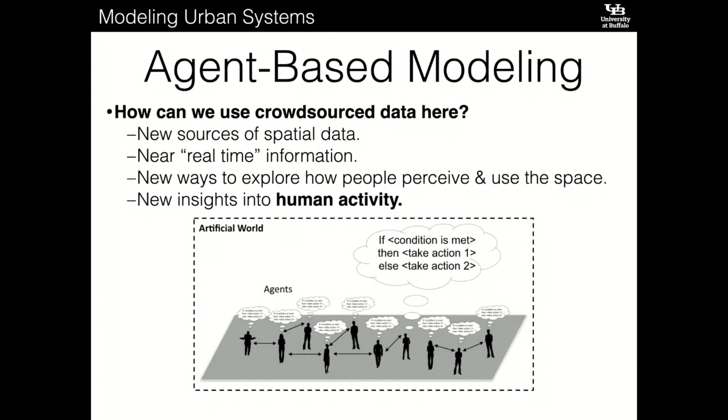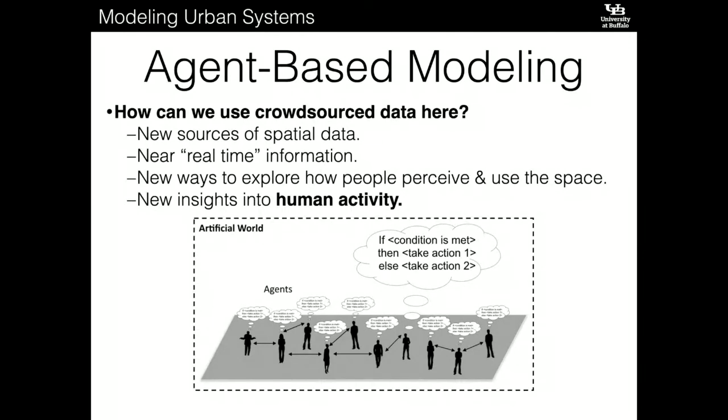But how can we use this sort of data in our models? We need lots of new sources of spatial data, OpenStreetMap, for example, a lot of near real-time information that we can process to understand what's happening around us. And we have new ways to explore how people use space in cities.